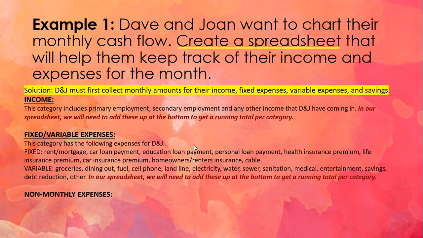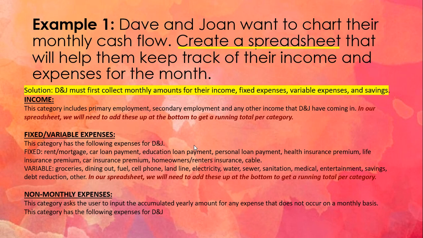Additionally, they have non-monthly expenses as seen in their little notepad that they brought us, right? So we have to account for that too, because that's still an expense that we want to track. So this is asking the user to input the accumulated yearly amount for any expense that doesn't occur on a month-to-month basis. And I think this will make more sense when you see what they are.